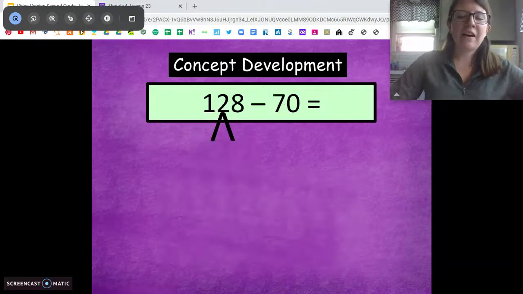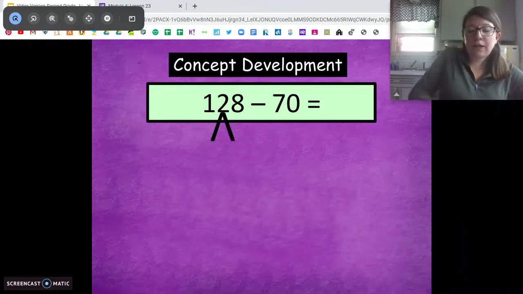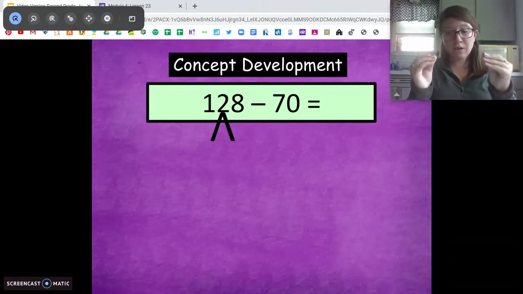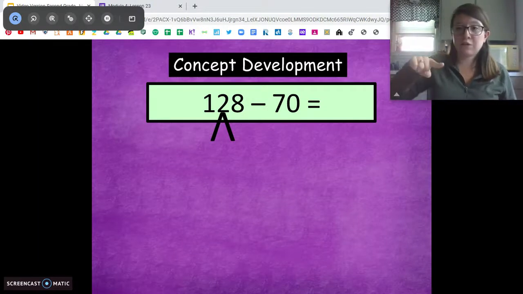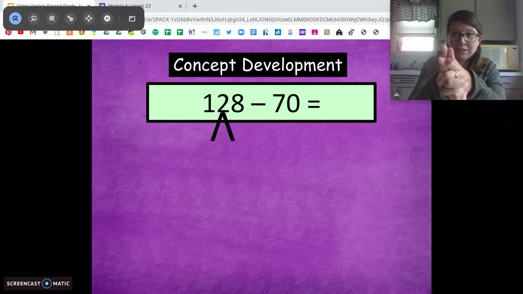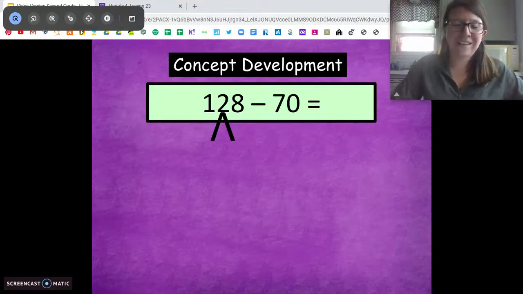Good job. All right, I want you to try this one on your own, then we're going to go over it. So 128 minus 70. Break apart 128 into 100 and its extra ones. Subtract 100 minus your part. Add them back together. Pause, solve, you got this. Done? All right, let's go over it.